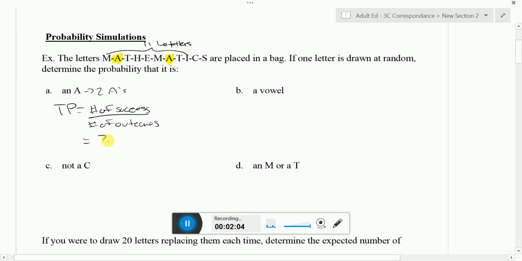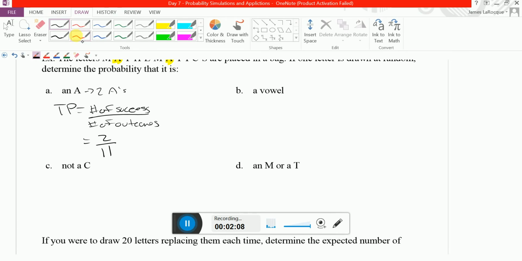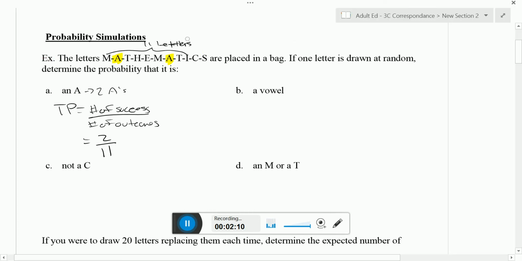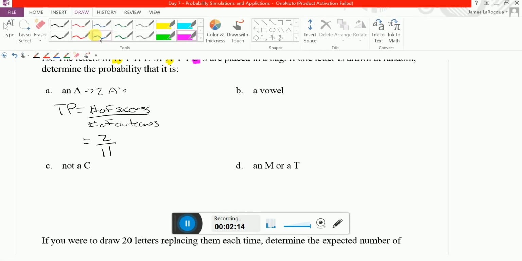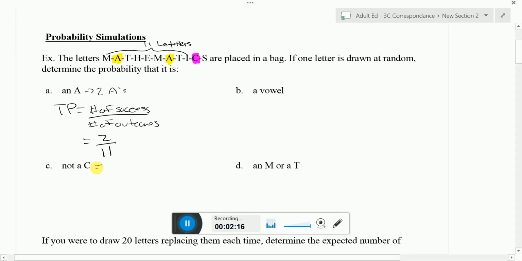This gives us 2 out of 11. The probability of it being not a C: there is only one C and 11 letters, so there are 10 that are not a C, and this theoretical probability would be 10 out of 11.